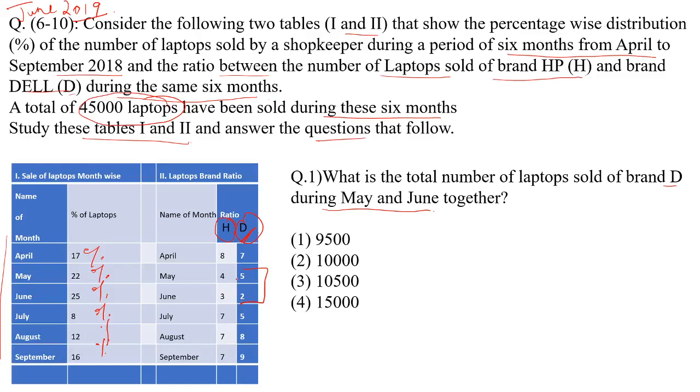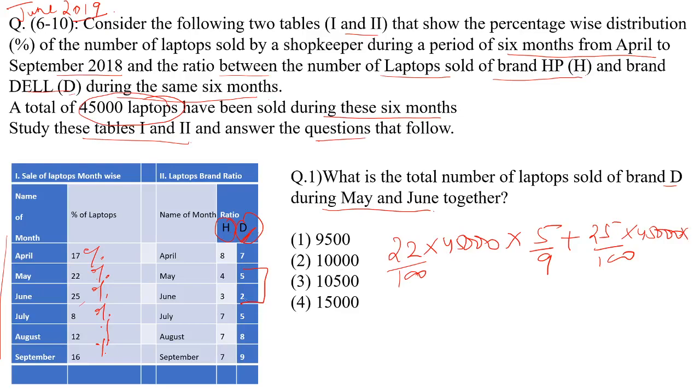You have to do it separately, because in May 22% laptops are sold and in June 25% are sold. So you can't directly add 22 plus 25. It should be 22% of 45,000 times 5 by 9, plus 25% of 45,000, and the ratio of June is 2 by 5.